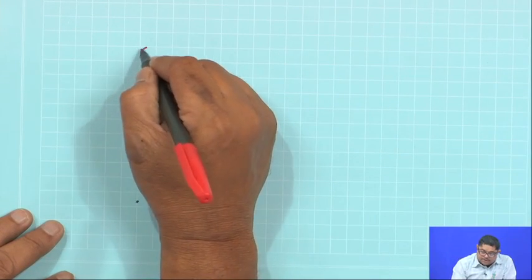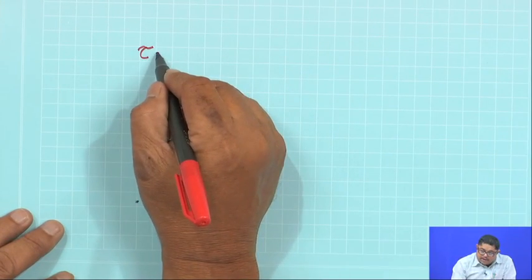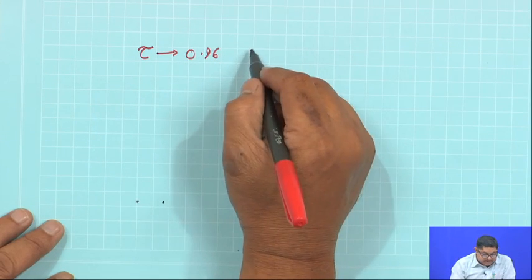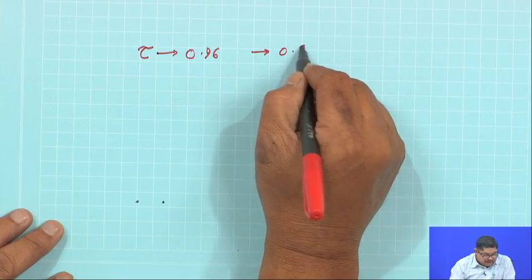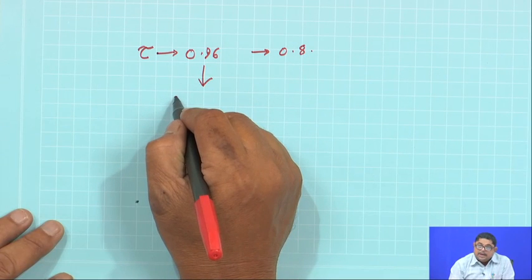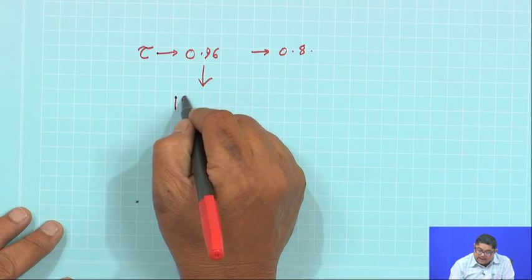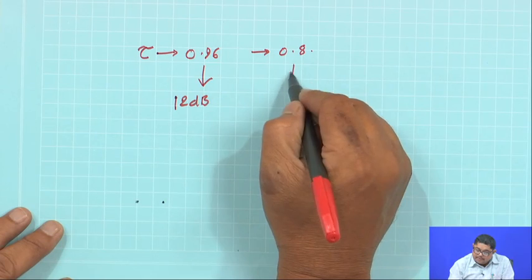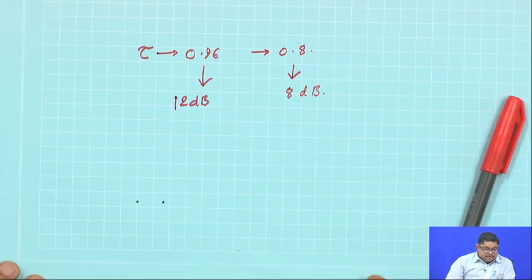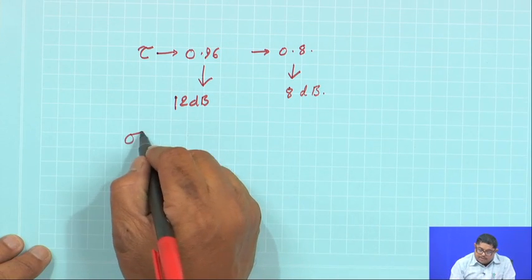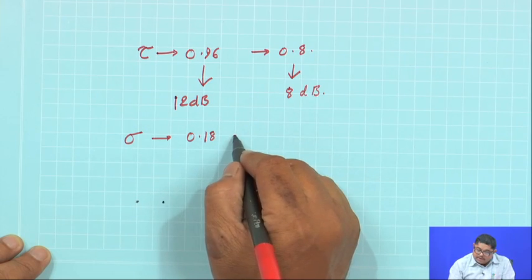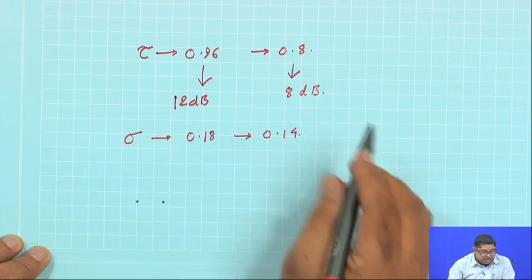So, it shows that when tau is typically 0.96 to 0.8, this antenna gives you a gain of 12 dB, and for this it gives a gain of 8 dB, etc. And typical values of the other parameter sigma are 0.18 to 0.14.